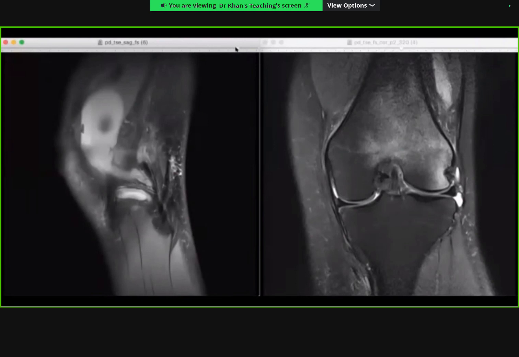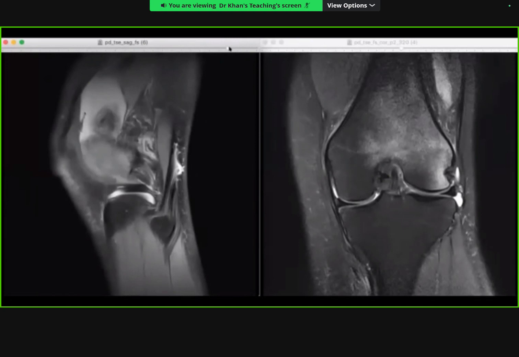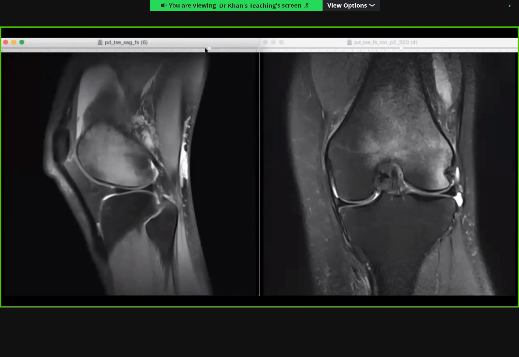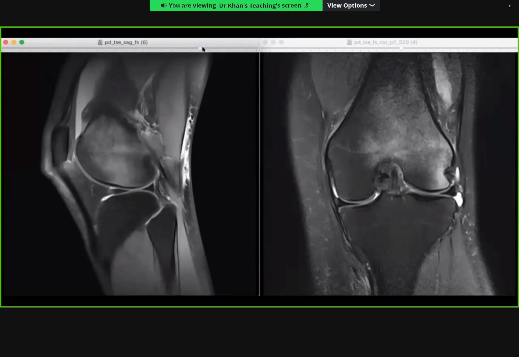So going laterally first, there is significant bony contusion on the lateral femoral condyle. The tibia and fibula are preserved.